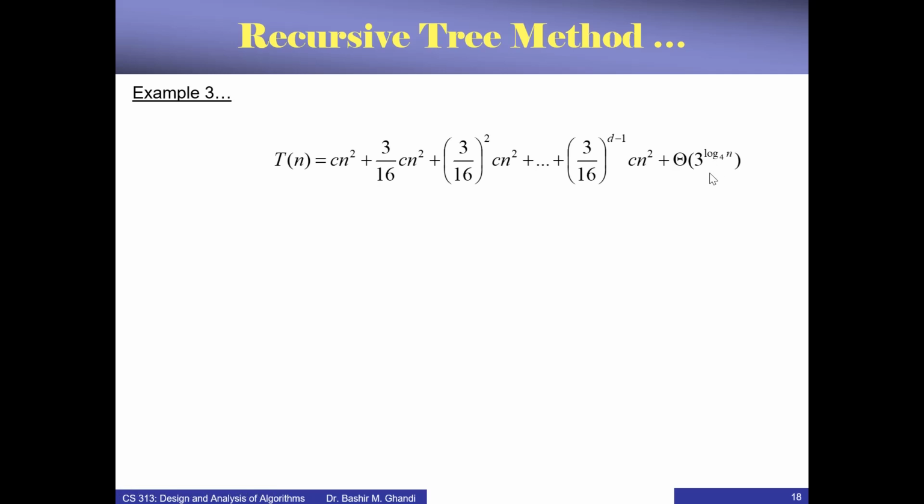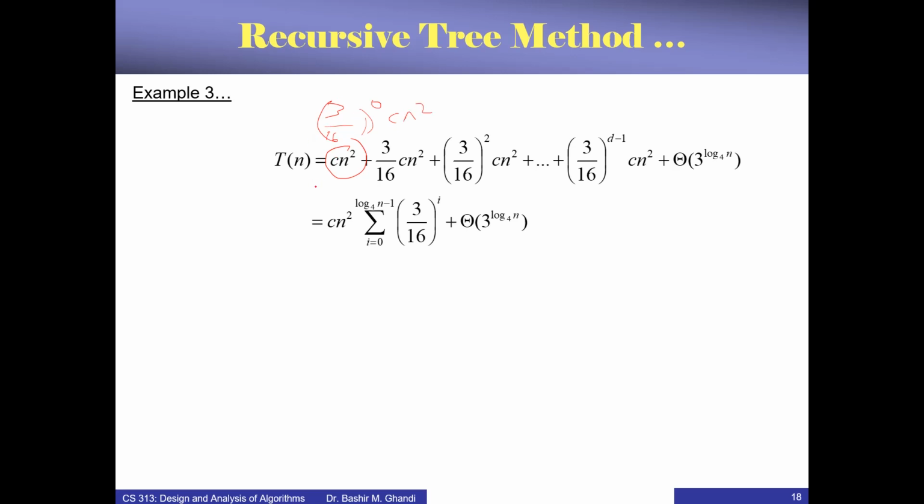There's a lot of mathematics involved, but I think if you follow, it should be easy to see what is going on. So first of all, clearly, as I showed you earlier, this cn squared can also be represented in the same way. It's simply 3 over 16 to the power 0 times cn squared, because to the power 0 is 1, right?